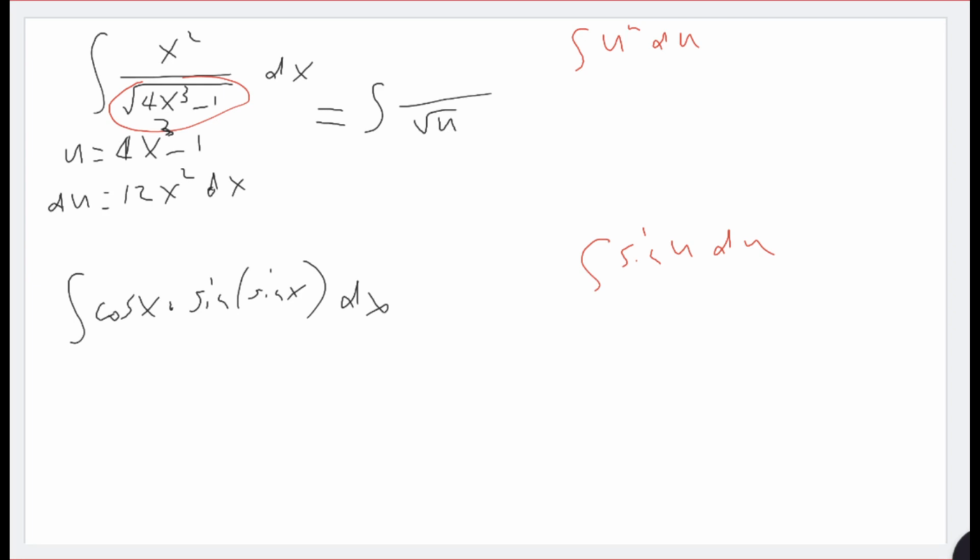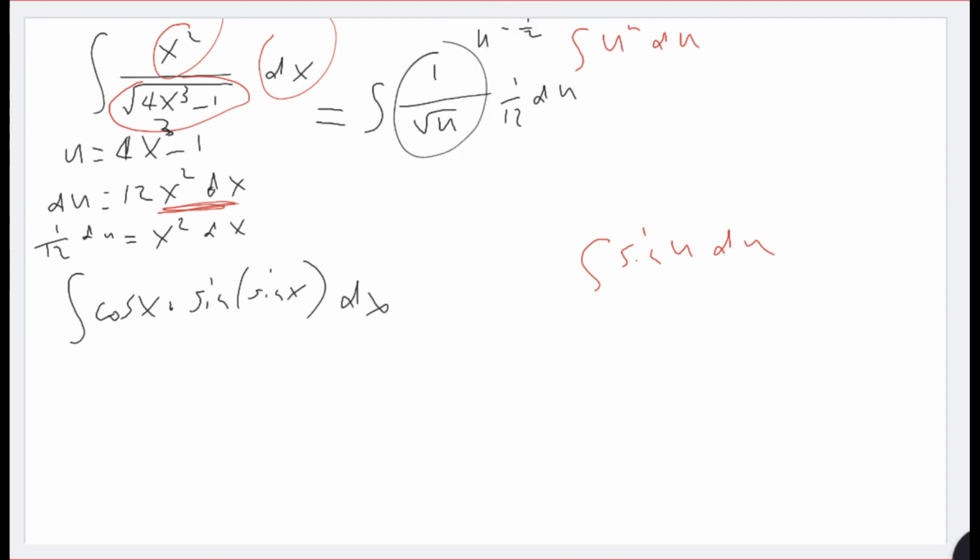X squared dx left together, we can see from here, is 1/12 du. So if we divide, therefore in the integral, x squared dx can be replaced together by that, and this is u to the negative half power. Okay, this part.